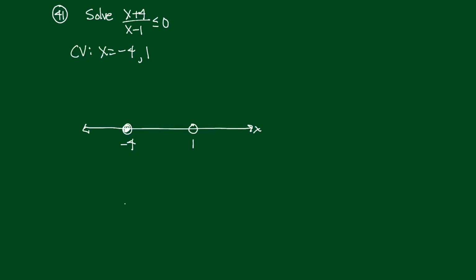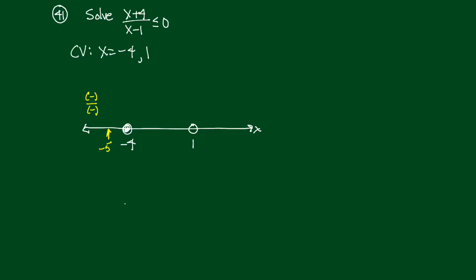And now I'll test my intervals. Let's pick some number in this leftmost interval, like maybe -5. If I put that -5 into my factored form and just look at the sign: on the top, -5 plus 4 is negative, and in the bottom, -5 minus 1 is negative.